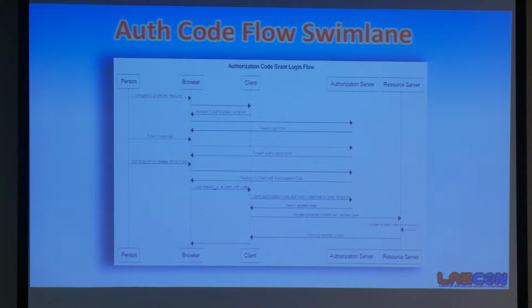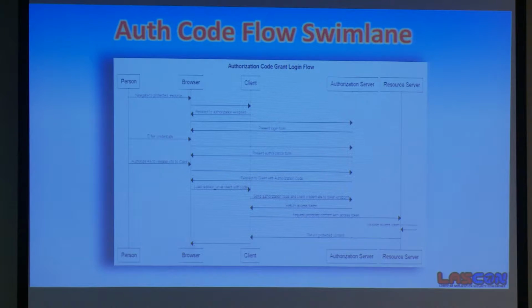The access token is used to call the API on the resource server. The refresh token is presented to the authorization server to obtain a new access token. The access token is normally short-lived. I think there are guidelines in the OAuth 2 spec, somewhere between a minute and 5 minutes, something like that. The refresh token is long-lived.